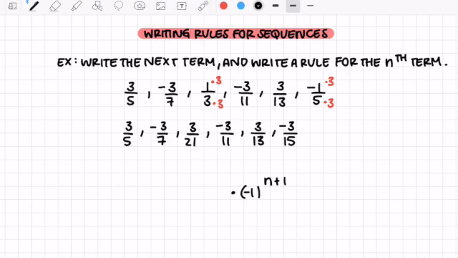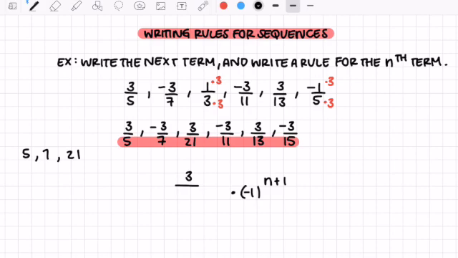Okay, so now that we have more consistency on the top, it seems like no matter what, our fraction is always going to be 3, and then something happens afterwards on the bottom. On the bottom, if we focus on the denominator, it seems like there is a pattern showing with 5 and 7 and 9 and so on.